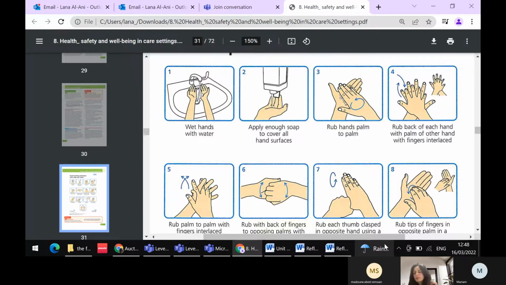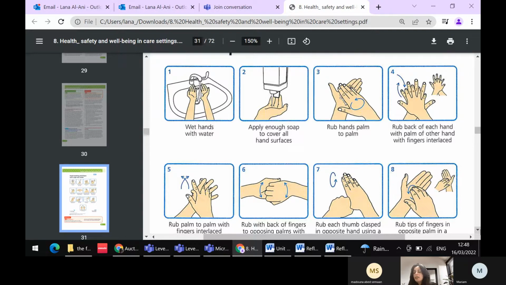The way I do it, I wet my hands with the water. Then you start explaining one by one of these activities, how you put the soap, how you rub your hands palm to palm. Yes, exactly. Very good. How can you rub the fingers together?